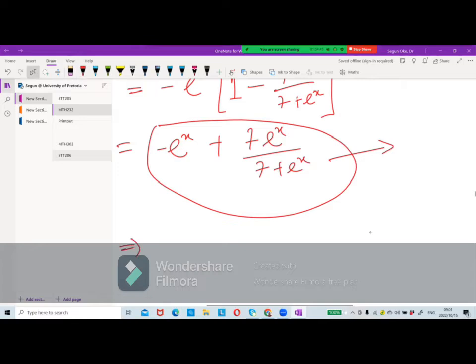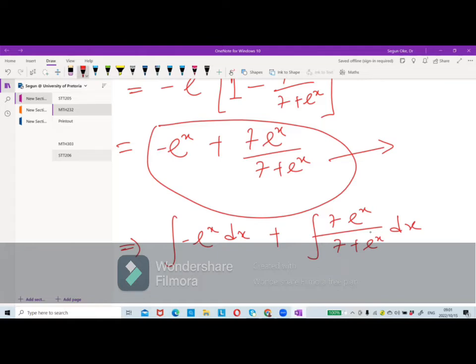So we move by saying now, we integrate. It's going to be the integral of minus exponential x dx plus the integral of 7 exponential x over 7 plus e^x dx.